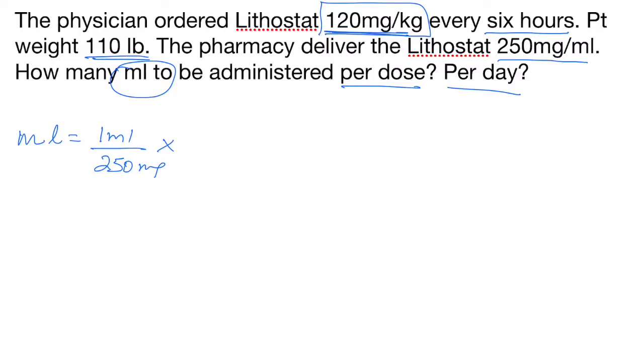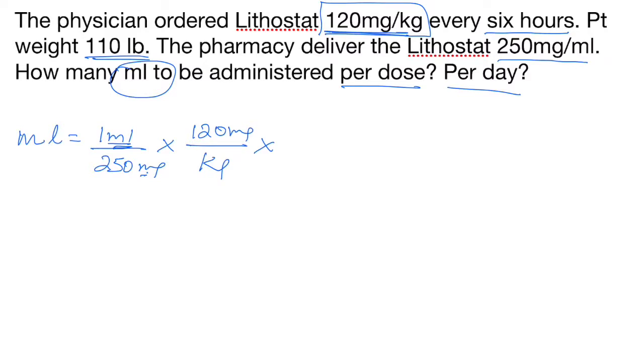We'll set it up in a way to help us get rid of everything like milligram, kilogram, pound. We want to get rid of everything except the milliliters that we want our answer to be. So we'll have 120 milligram on top so that we get rid of the milligram down here. 120 milligram divided by kg.